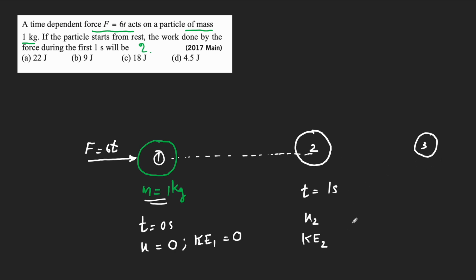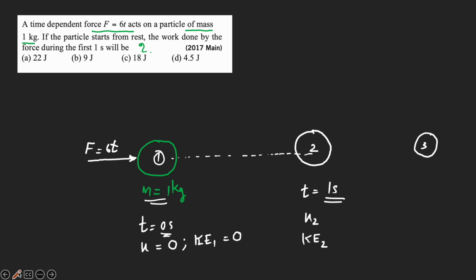Right now we are bothered only up to t equal to 1 second. So the question is, what is the work done by the force as it moved from 1 to 2? 1 is when t equal to 0 seconds, 2 is when t equal to 1 second.